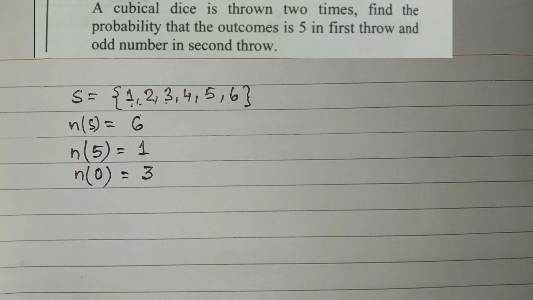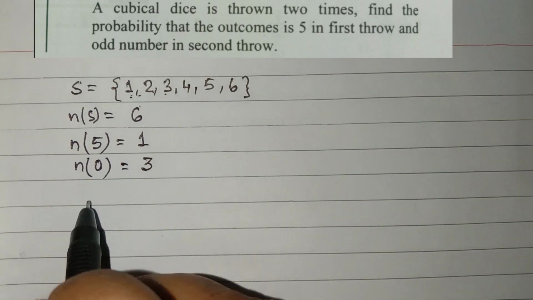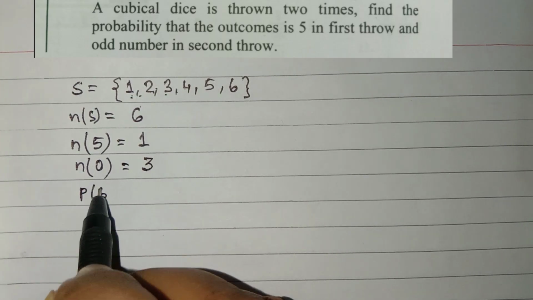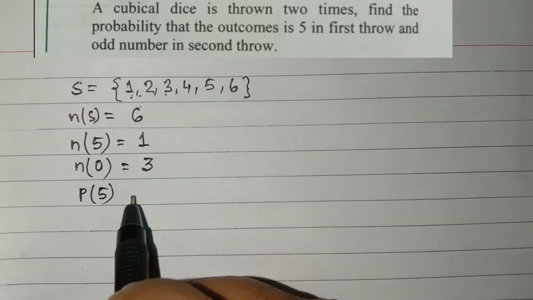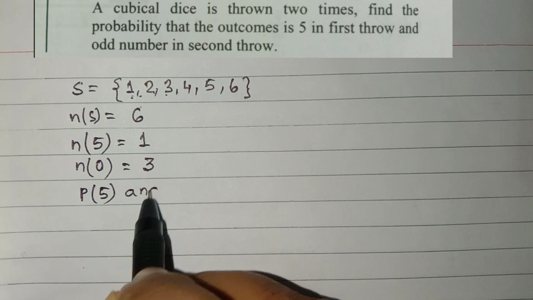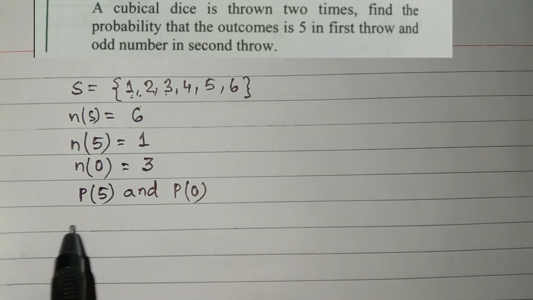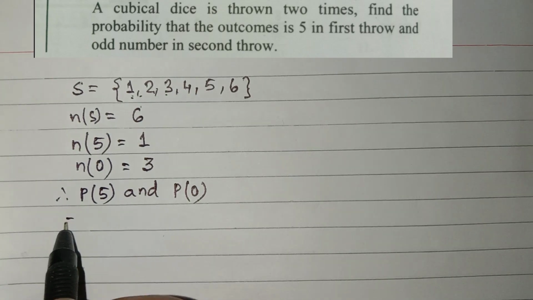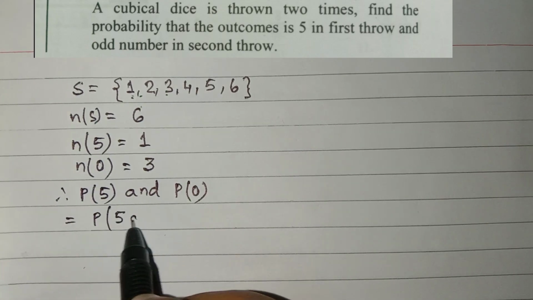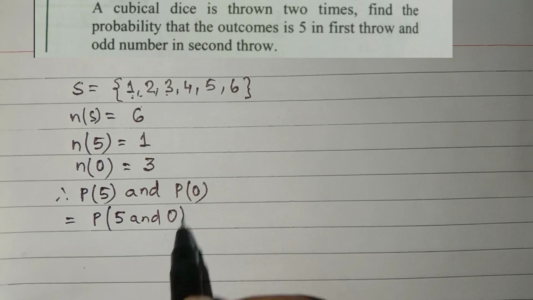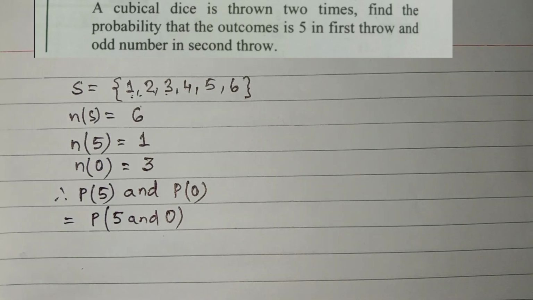Now the main question is to find the probability of 5 in the first throw and an odd number in the second throw. So we can say P of 5 and odd, O for odd.